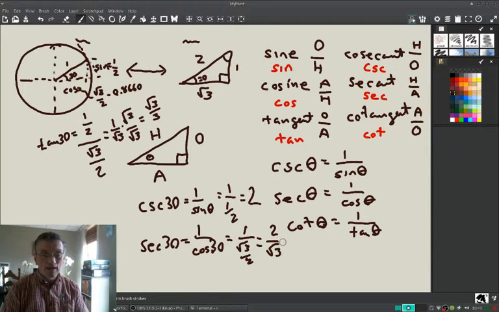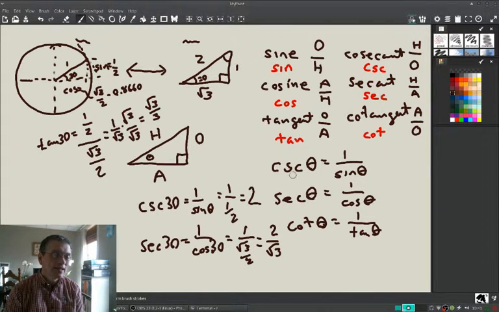Alright, and again, you may want to get that square root out of the basement. Just recognize that they're the same thing. This could be 2 square roots of 3 over 3. That's another way to write that.